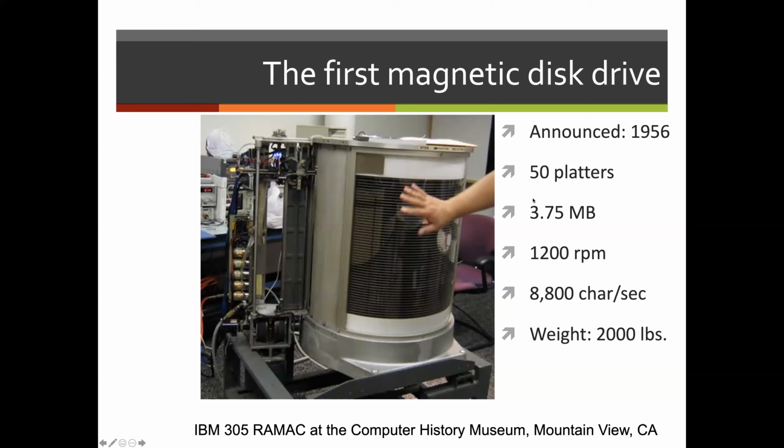It had 50 platters, 3.75 megabytes, 1,200 RPM, 8,800 characters per second, and weighed 2,000 pounds. It was a part of the IBM 305 RAMAC, and it's at the Computer History Museum in Mountain View, California. So here is a useful link that shows a video of this first magnetic disk drive.